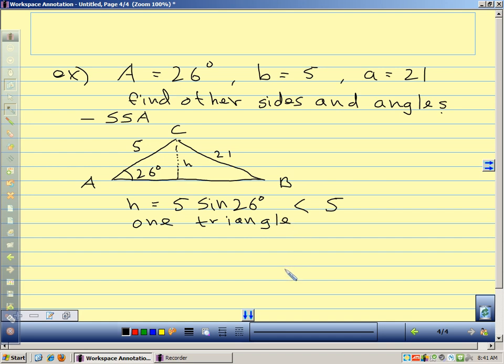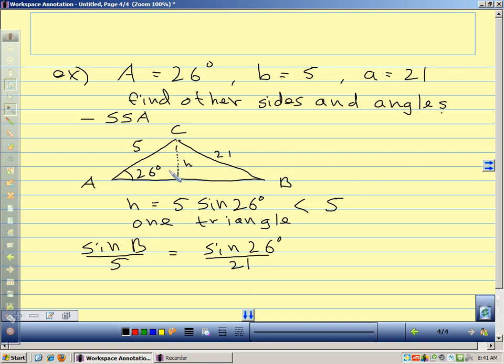So now we're going to use the law of sines to figure out the rest of the sides and angles for my triangle. I'm going to solve for angle B first. So the sine of B over 5 equals the sine of 26 degrees over 21.